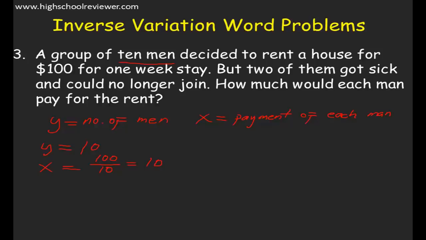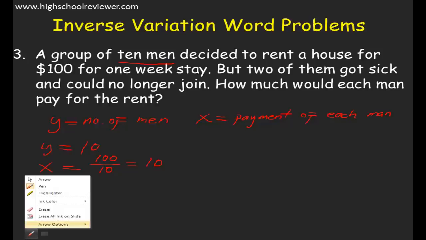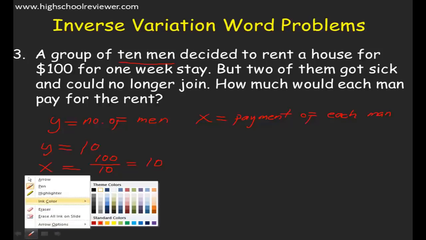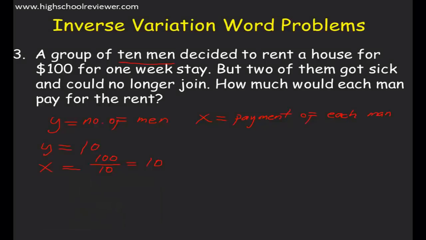So we need to solve for the value of k, or the constant of proportionality. So our equation, since they are inversely proportional, will be y multiplied by x equals k. Our y is 10.